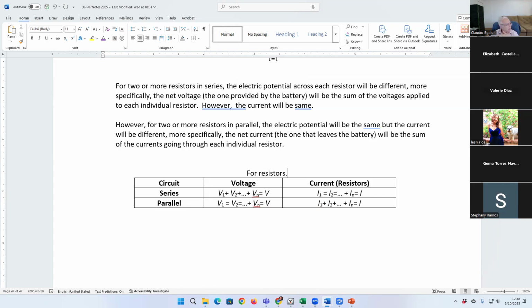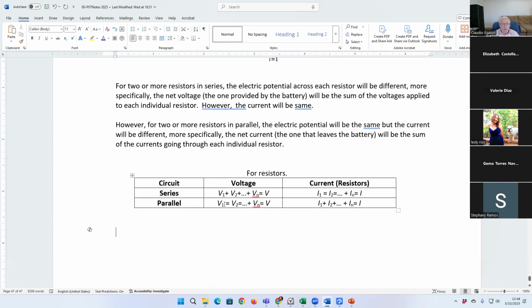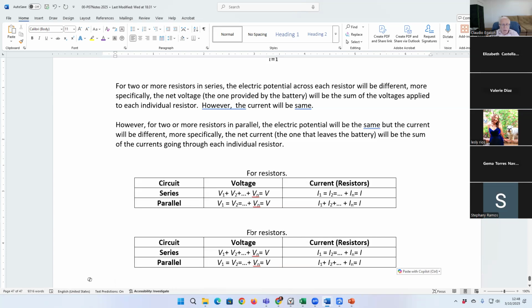We have 2 more minutes to go. Okay. Oh, there's one more thing that I want to tell you. For resistors in series, I'm going to do the same for equivalent resistance, for circuits in series and parallel.